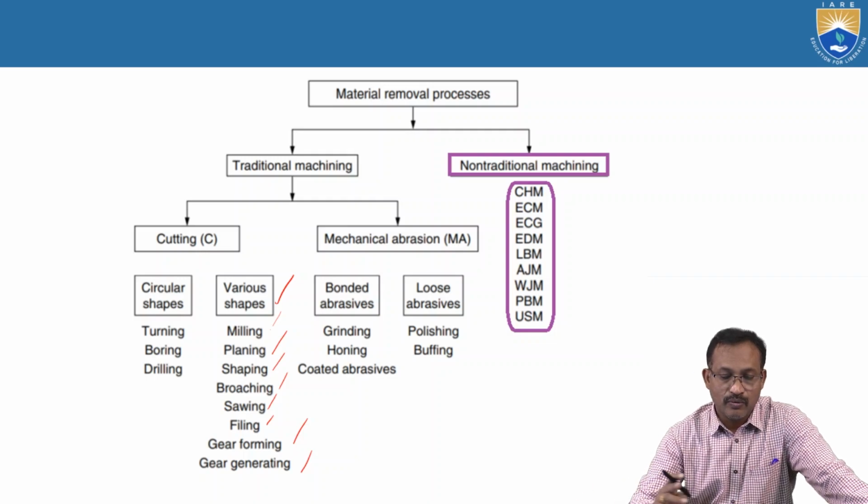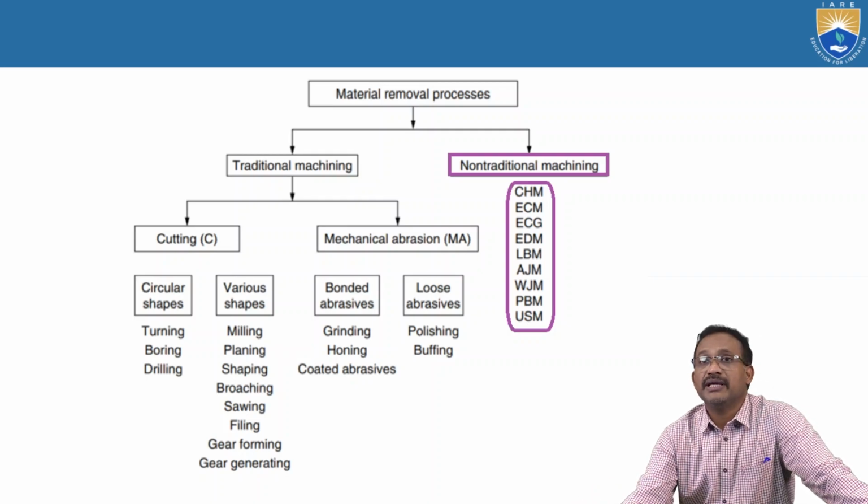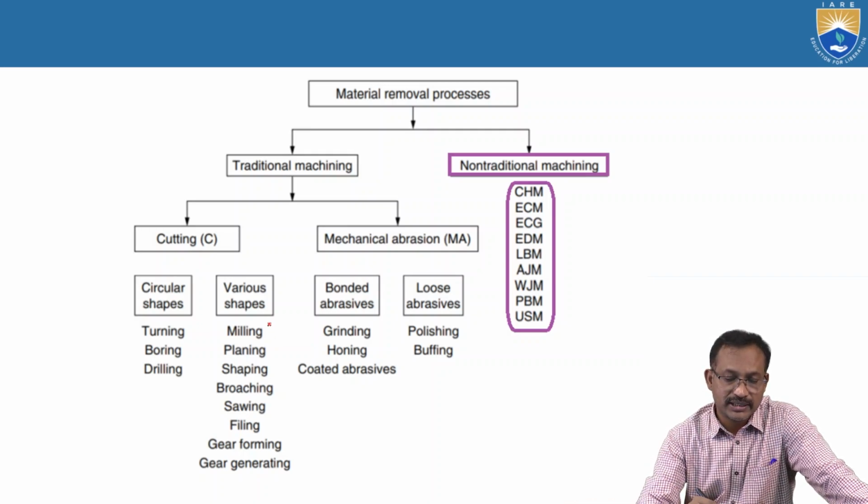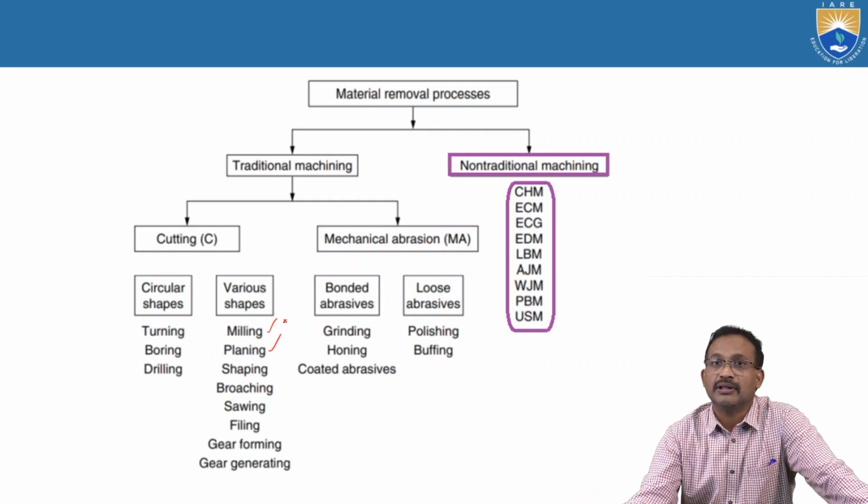What is milling? So here in milling, the material will be removed when the workpiece is fixed to the table or vise, and the table will move or the tool will move. So in just simple milling or planing, the tool will be moved.